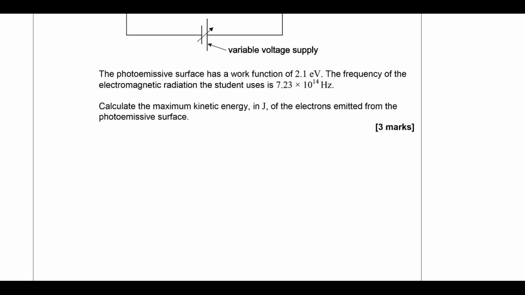Calculate the max kinetic energy of them. So we're using this equation right here, and this equation calculates the maximum kinetic energy. We want that in joules, so we're going to do the photon energy, which is 6.63 times 10 to the minus 34, that's Planck's constant, multiplied by the frequency, 7.23 times 10 to the 14.